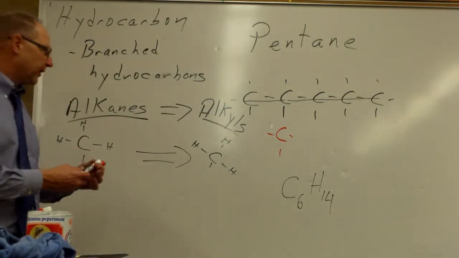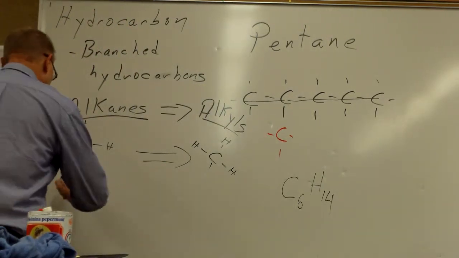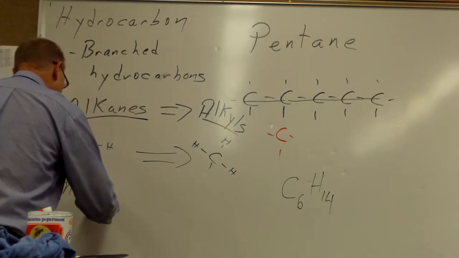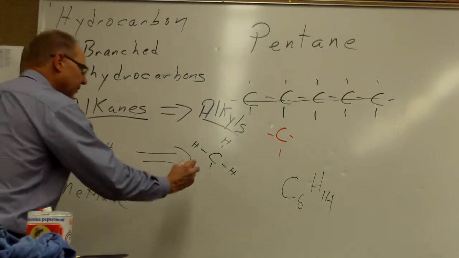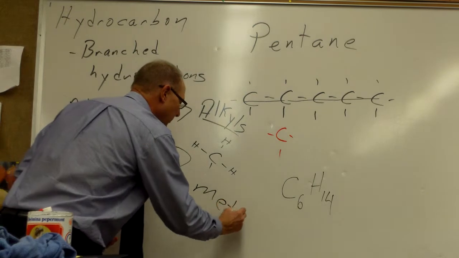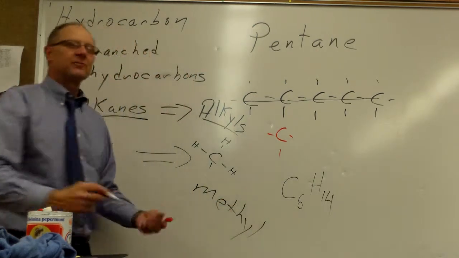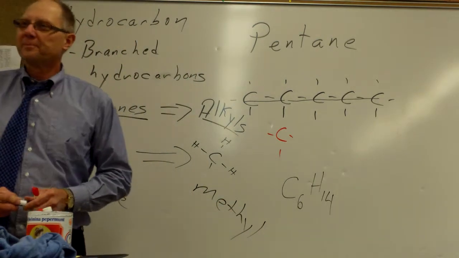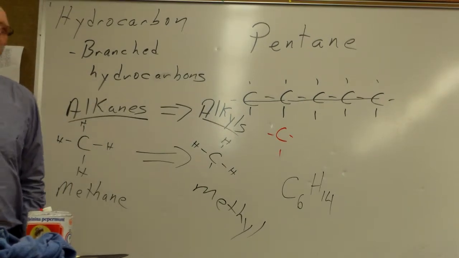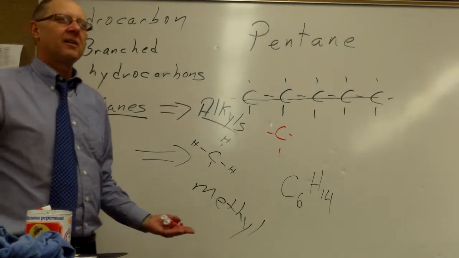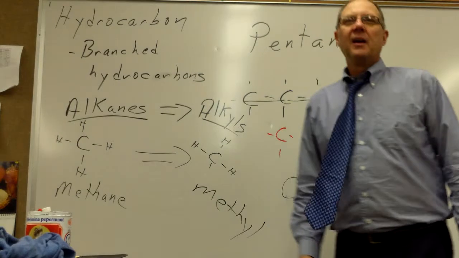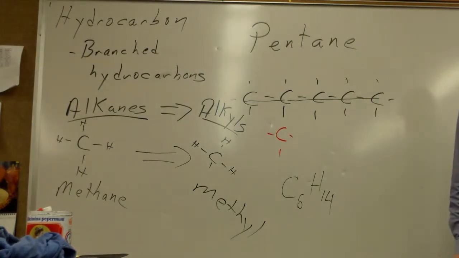So how do we name an alkyl? Pretty simple. This is methane. This is methyl. Usually we say methyl. But it's an alkyl, so it's methyl. And so you can do that with all of them. So ethane becomes what?